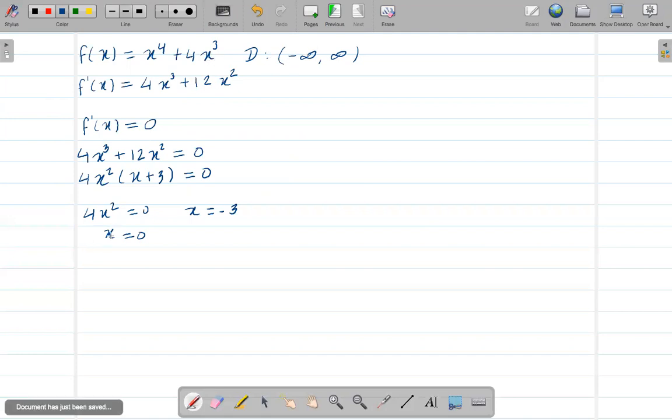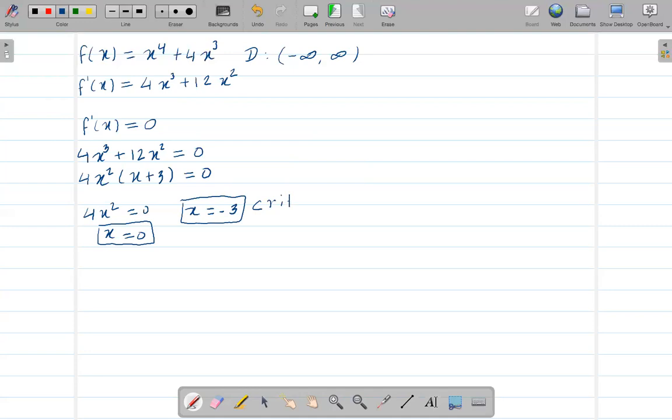So that means x equals 0 and x equals -3 are both going to work for this function. So I can say these two are critical numbers.